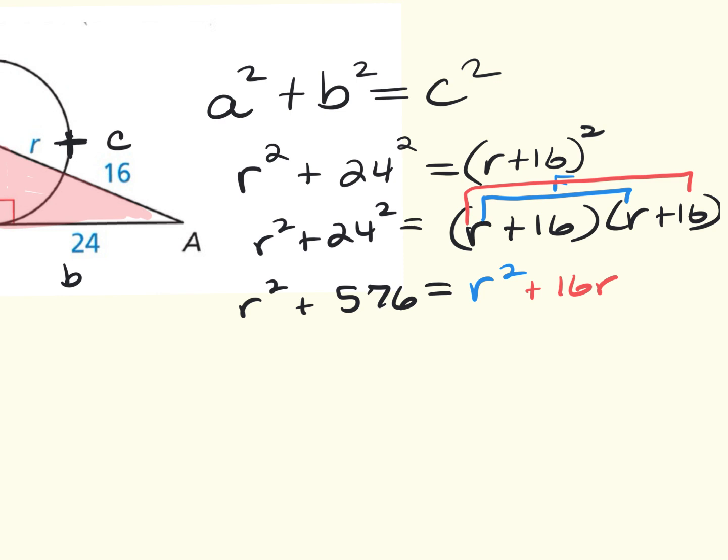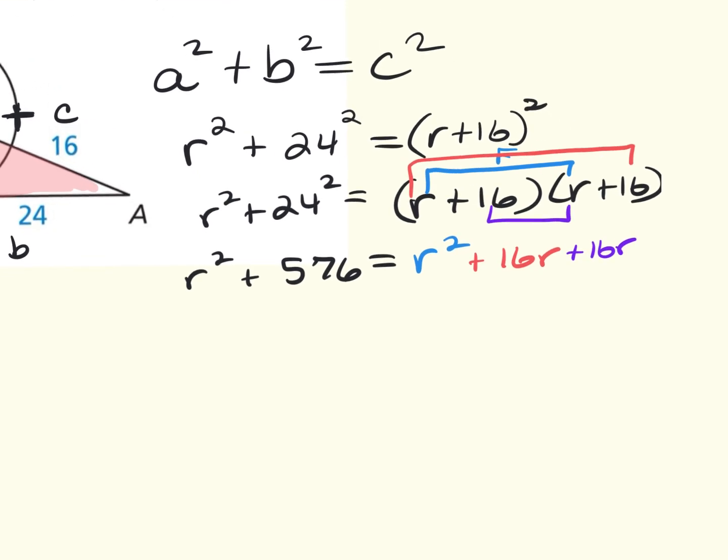Now I'll go to the inside term, 16 times R, which is also 16R. And finally, the last two terms, 16 times 16, give me 256. So this is the acronym FOIL: first, outside, inside, last. Or again, all you're doing is distributing.